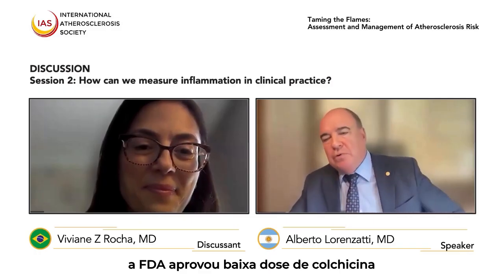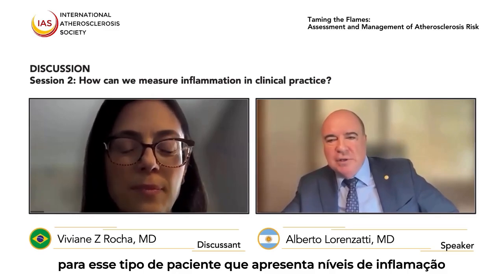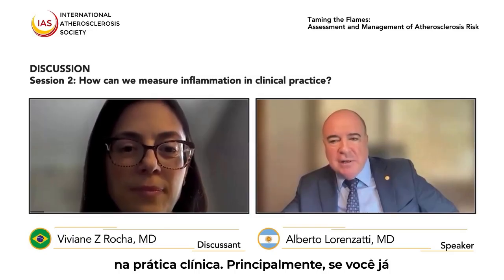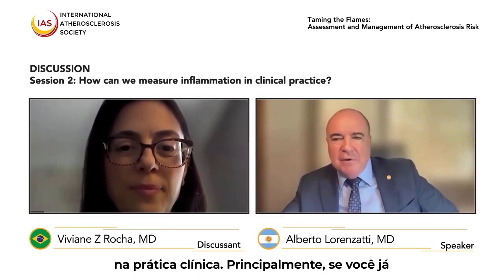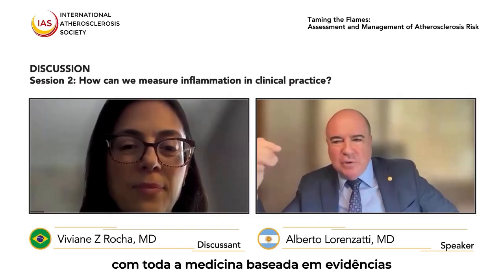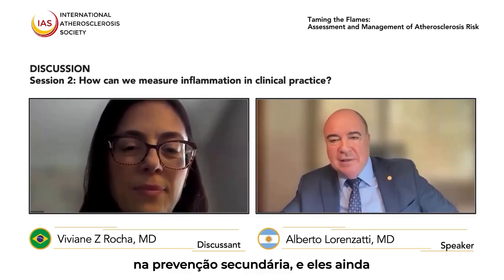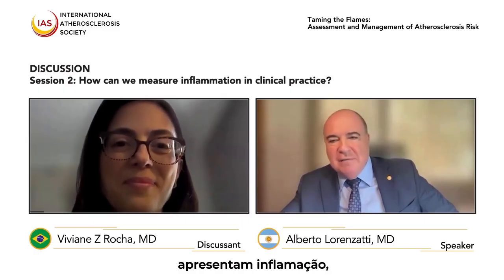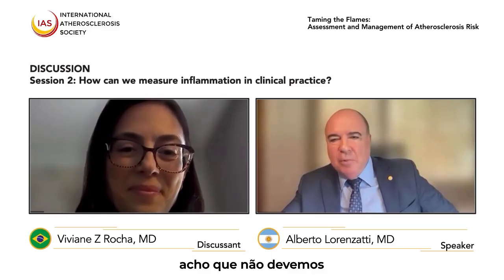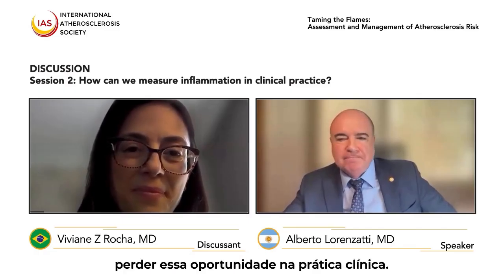The FDA approved low dose colchicine for this kind of patient that are showing levels of inflammation in clinical practice, mainly if you have treated them with statins, with all the evidence-based medicine in secondary prevention, and the patient still has inflammation. I think we do not have to lose this kind of opportunity in clinical practice.